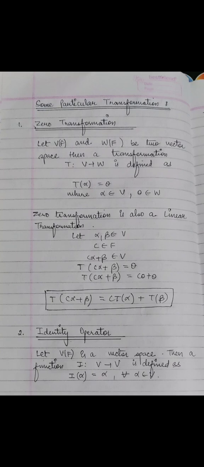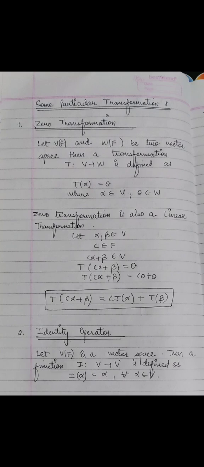Let α, β belong to V, c belongs to field F. Then cα + β belongs to V. Then T(cα + β) = θ = cθ + θ, so T(cα + β) = cT(α) + T(β).